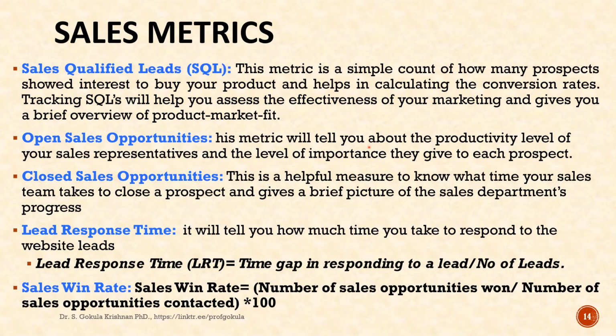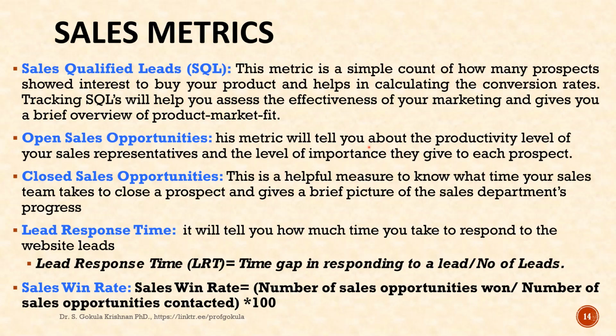First thing, it is sales metrics. The first metric is sales qualified leads. This metric is a simple count of how many prospects showed interest in buying your product, and it helps in calculating the conversion rates. Normally, your sales team will approach many people.